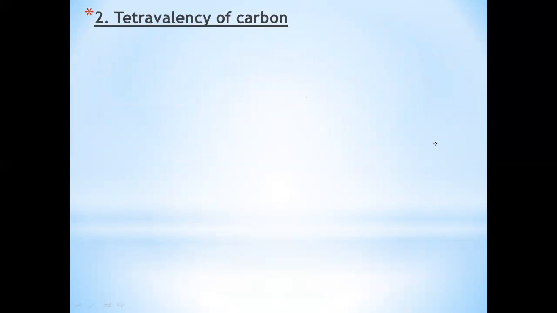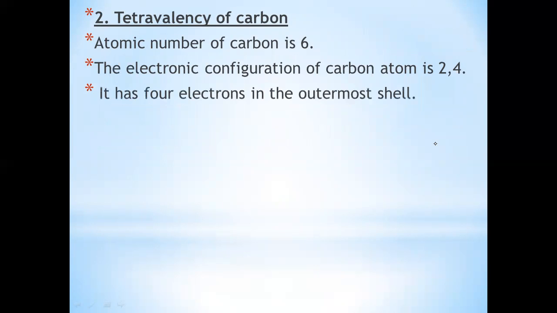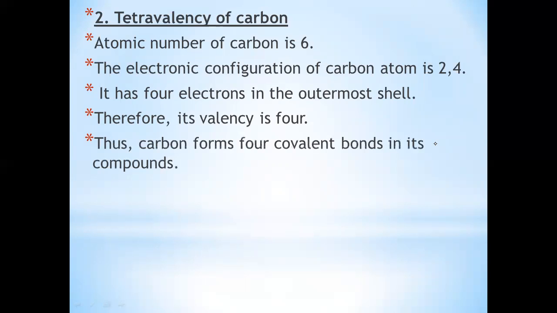The next reason is tetravalency of carbon. Tetra means 4, valency means combining capacity. The atomic number of carbon is 6, and its electronic configuration is 2, 4. The electrons present in the outermost shell are 4, which means its combining capacity, its valency, is 4.